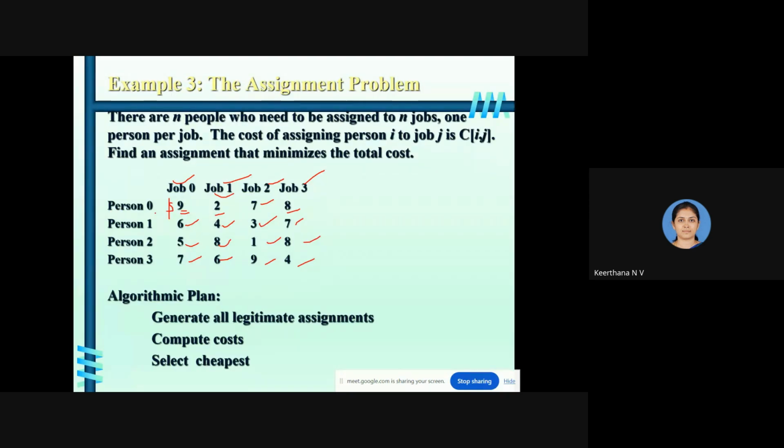You have to select the cheapest one. Same as in the knapsack and traveling salesman problems, our aim is to achieve the shortest, the minimum, or the cheapest one. The same thing is followed in an assignment problem also. You have to select the cheapest way a job is performed by a person.